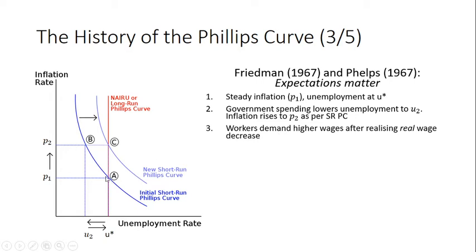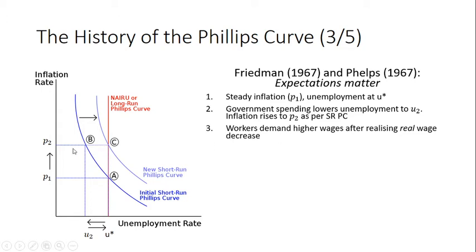If you have an increase in government spending which gives rise to a lower unemployment rate at a higher price, or a higher inflation rate, then I just realized we should have hats on these little P's here, because the hats denote the time rate of change. But anyway, you can take that as the inflation rates in any case.